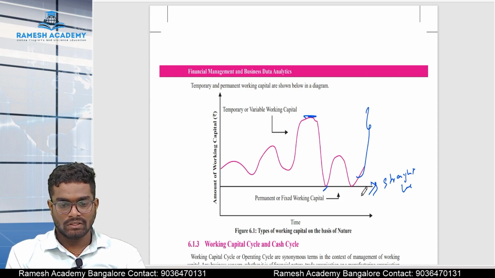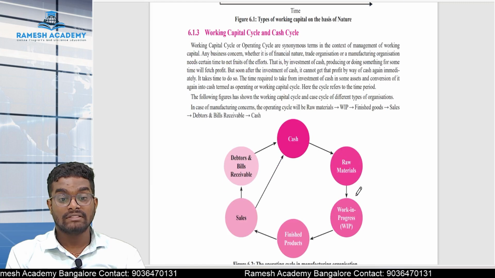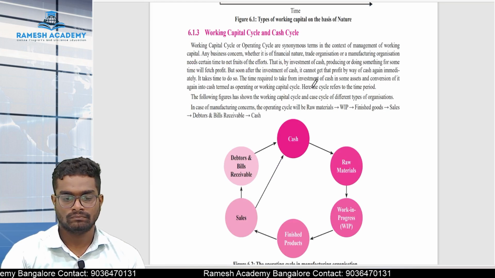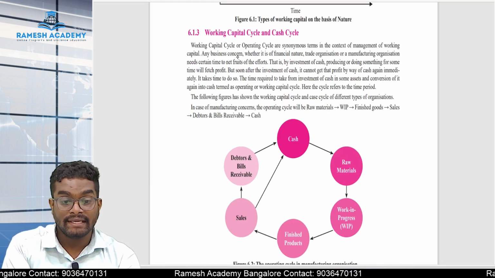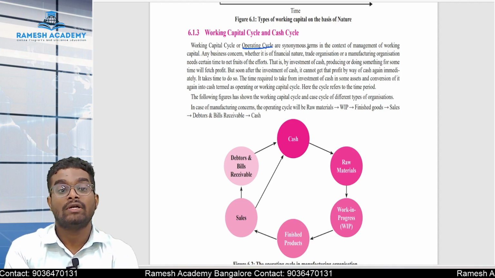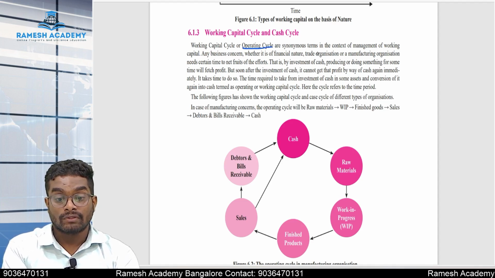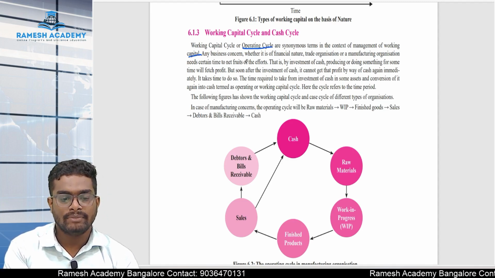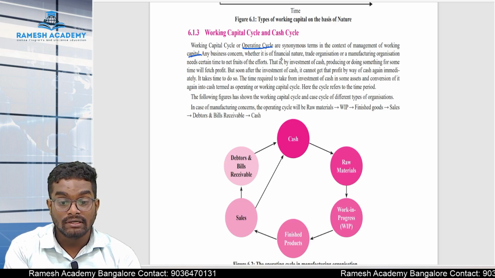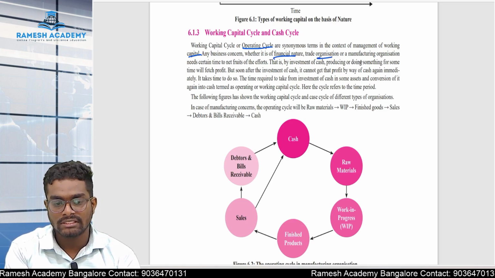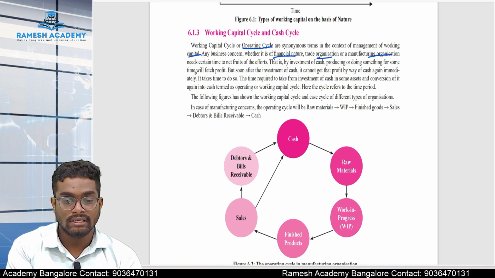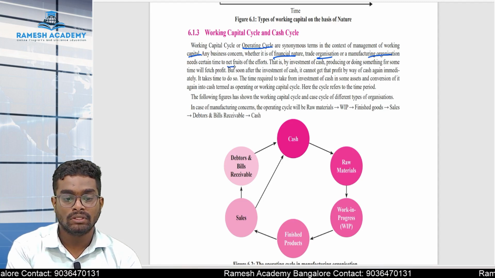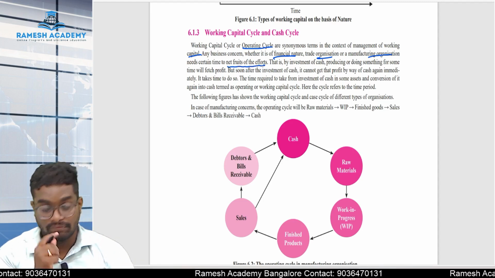Okay. Now we'll see the working capital cycle. Working capital cycle and operating cycle are synonymous terms in the context of managing working capital. Any business concern, whether it is of a financial nature, a trade organization or a manufacturing organization, needs certain time to reap the fruits of its effort.